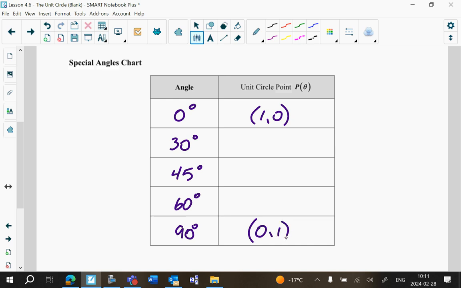What was 30 degrees? What was the point? Root 3 over 2 comma 1/2. 45 degrees, what was the point? This one's easier because the values are the same. And 60 is related to 30 because we take the values from 30 and flip them.